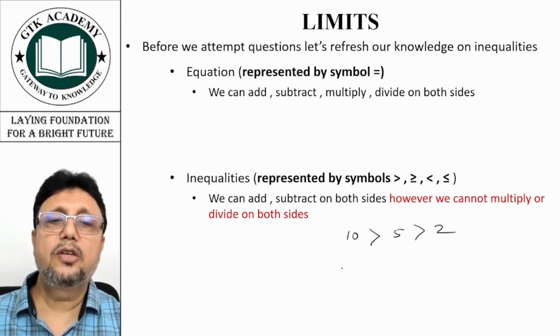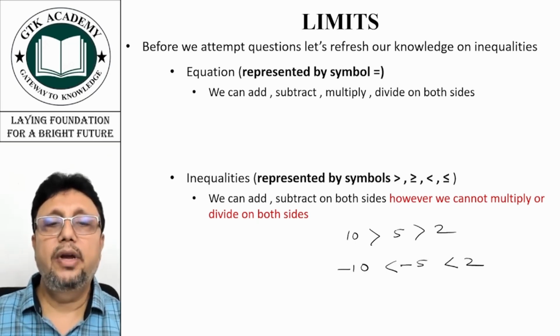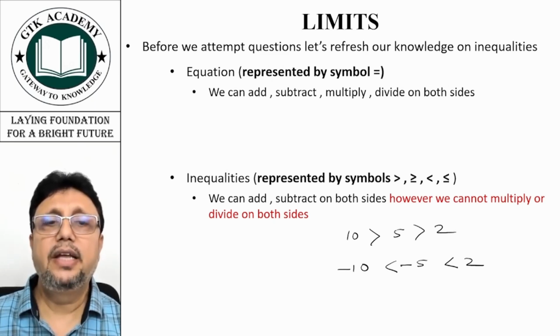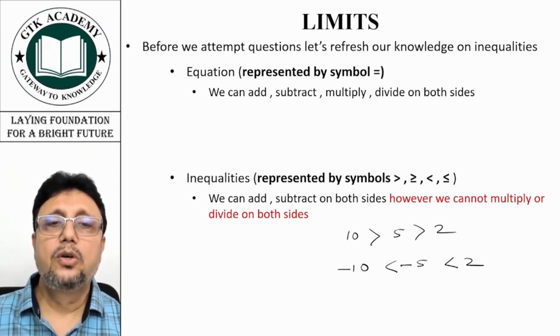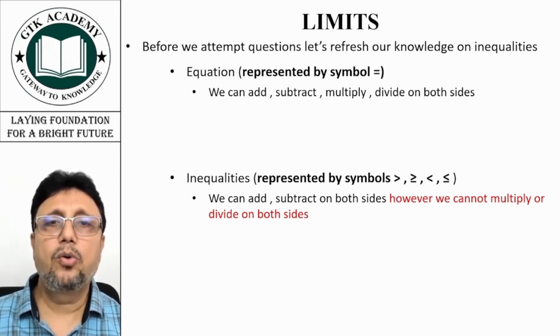Multiply by minus 1: minus 10 is less than minus 5 is less than minus 2. So if you multiply by a negative in the case of an inequality, then the sign of the inequality gets reversed. So we have to be very sure about the thing by which we are multiplying.